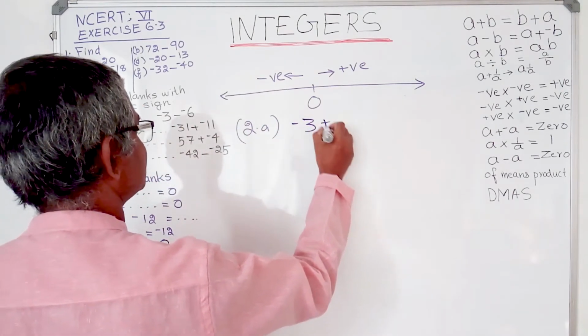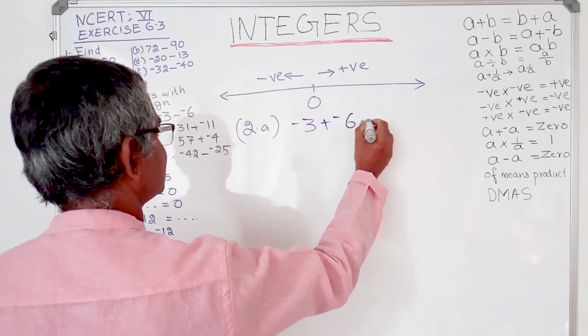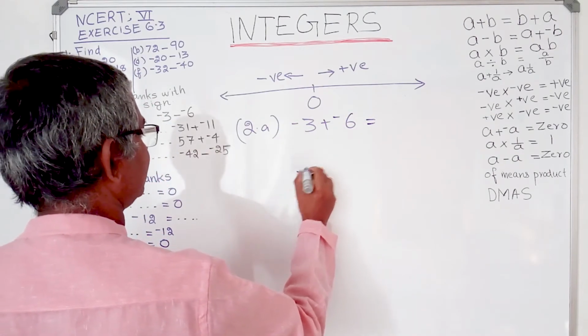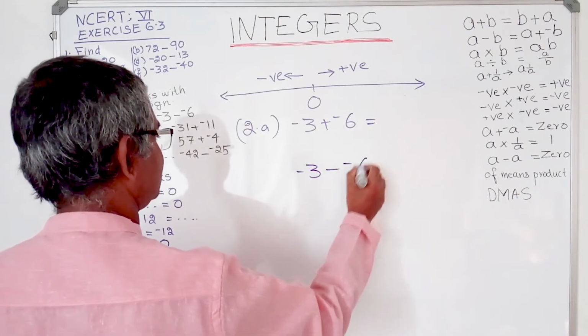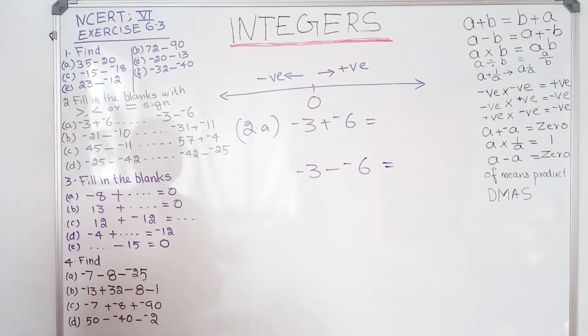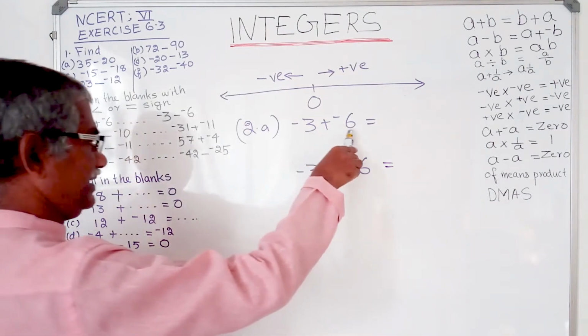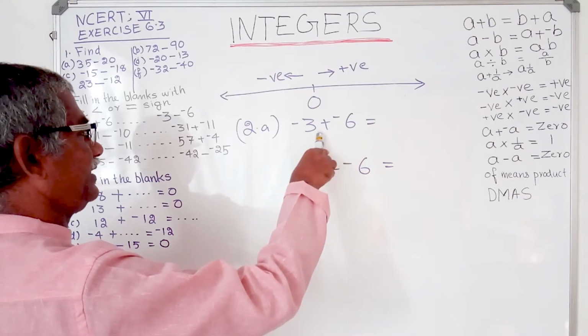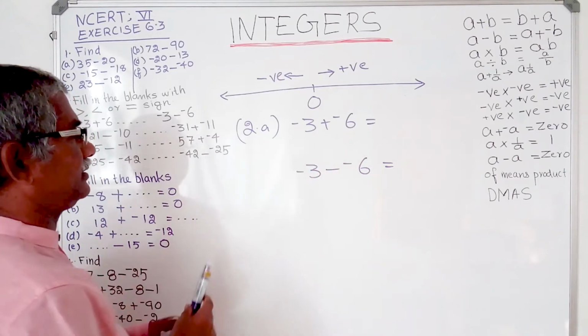Negative 3 plus negative 6, there is an answer. Negative 3 minus negative 6, you are getting another answer. Both are negative numbers, we can take the sum. So 6 plus 3, 9. Put the negative sign, negative 9.